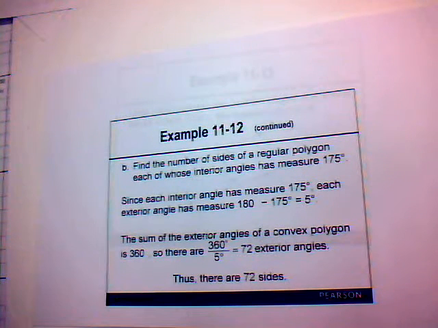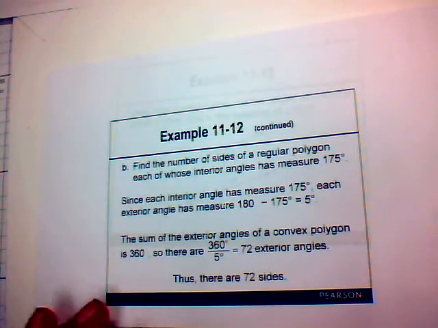And if the sum of those exterior angles in that convex polygon is 360, then divide 5 into 360, you're going to get 72 exterior angles, which means there are 72 sides. Each polygon has the same number of angles and the same number of sides.